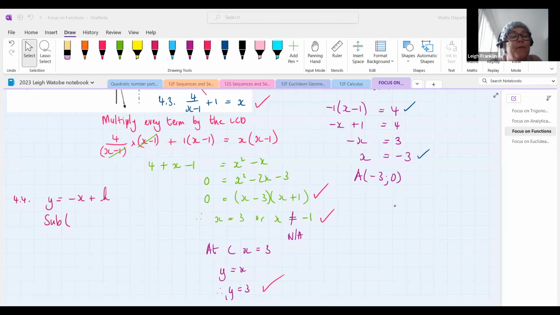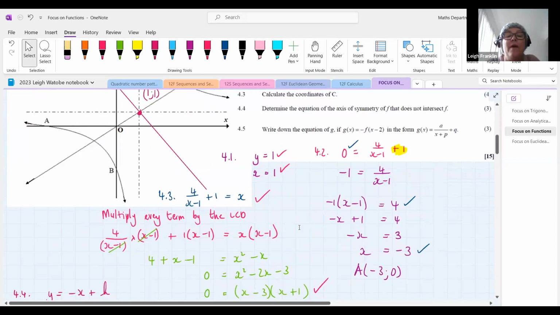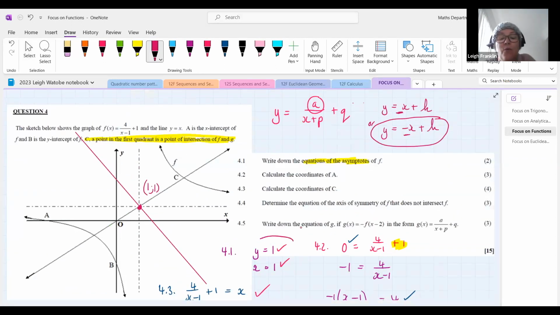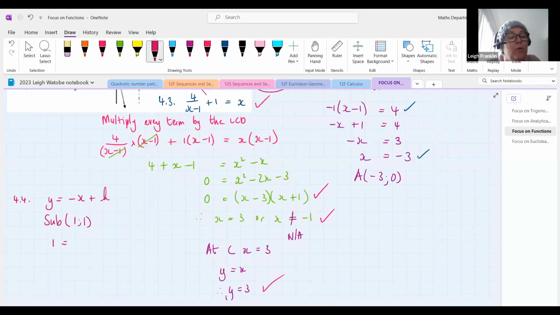Okay, so we know that they intersected at 1 and 1. We know that from question 4.1. And we can go and sub that in. So 1 equals negative 1 plus k. So k is going to be equal to, add 1 here, k is going to be equal to 2.